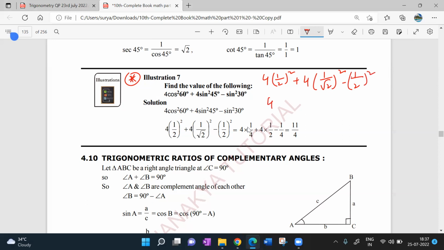So 4 into 1 by 4 plus 4 into 1 by 2 minus 1 by 4. Right? 1 plus 2 minus 1 by 4. 1 plus 2 is 3, 3 fours are 12. 12 minus 1 by 4. 11 by 4 is the answer.